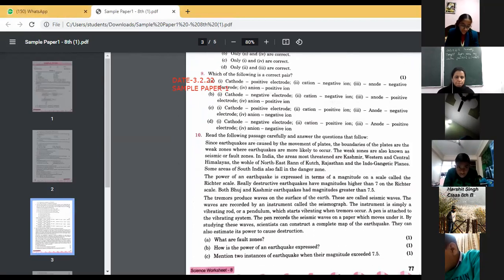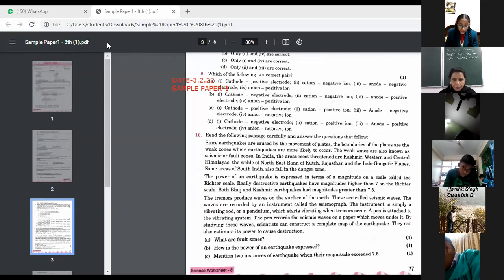Okay, ma'am. Since earthquakes are caused by the movement of plates, the boundaries of the plates are the weak zones, where earthquakes are more likely to occur. The weak zones are also known as seismic or fault zones. In India, the areas most threatened are Kashmir, Western and Central Himalayas, the whole of Northeast, Rann of Kutch, Rajasthan, and the Indo-Gangetic Plains.